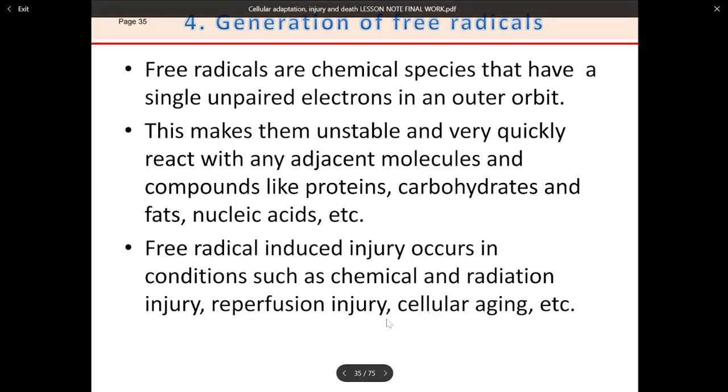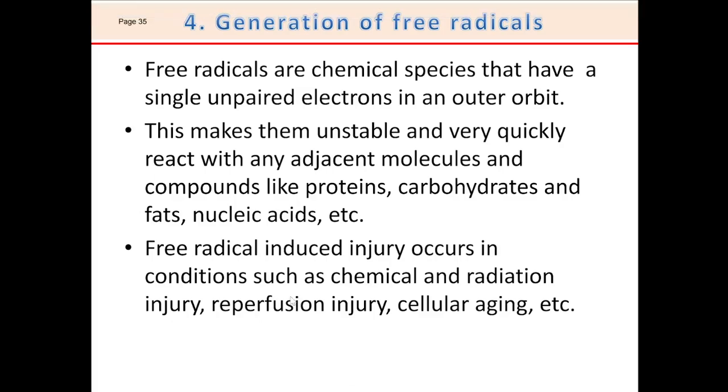Reperfusion injury is a paradoxical exacerbation of cellular injury that occurs when a previously ischemic tissue is supplied by blood again. When the blood supply to a tissue is cut, and then restored, there are certain processes that can result in injury of the cell. That's just what reperfusion injury means.